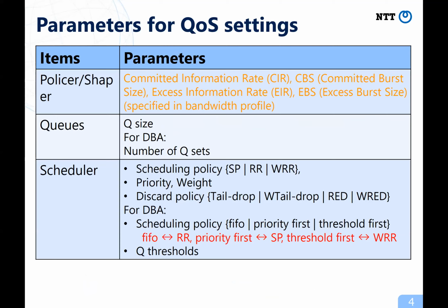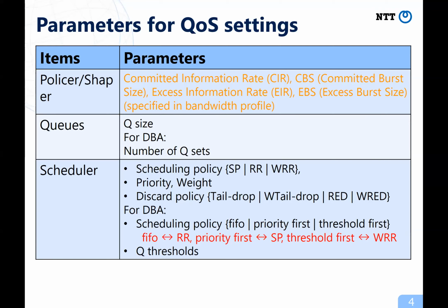And these are the other parameters for QoS setting. The policer and shaper need information rate, but it is also specified in the bandwidth profile side. Queues need a parameter of queue size and number of queue sets for DBA.